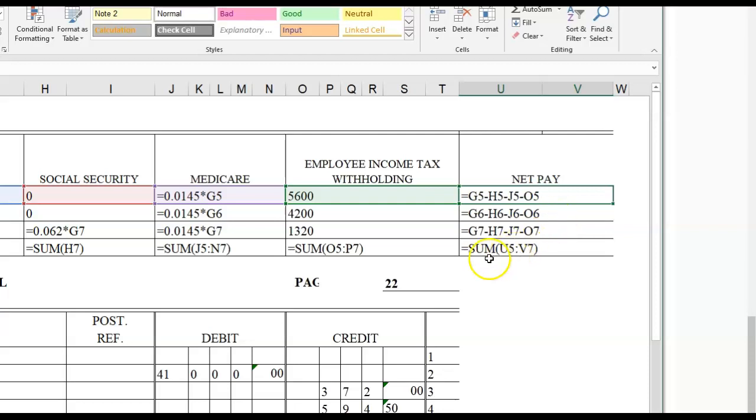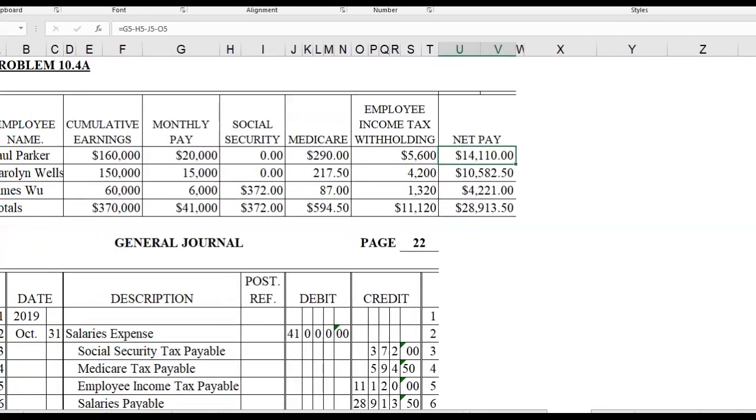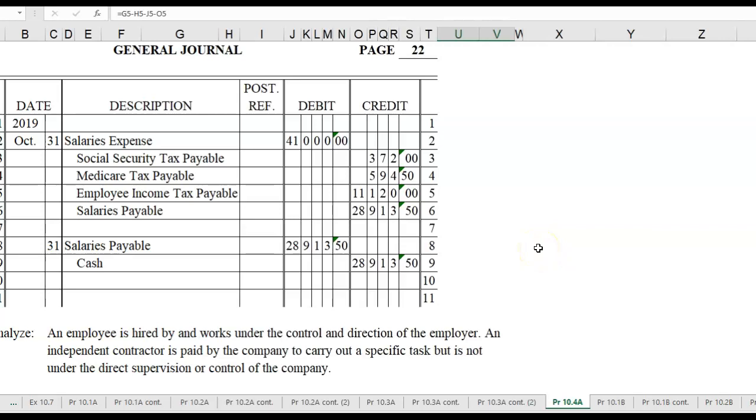And then the sum from U5 to V7. You have a sum here and a sum here. These are all sums. So make sure your Excel spreadsheet looks as well. It'll be easier to follow along. I'm going to go ahead and hit Control Tilde again and get it back to normal. Okay, so that's 10-4 you're going to look at.